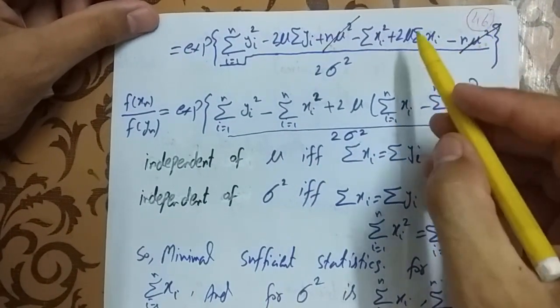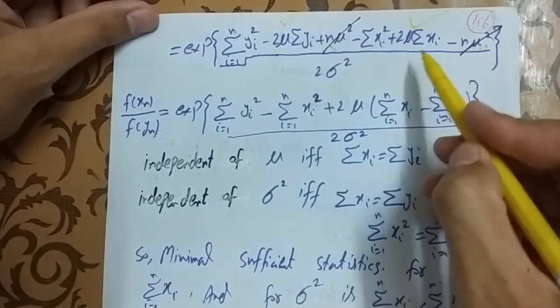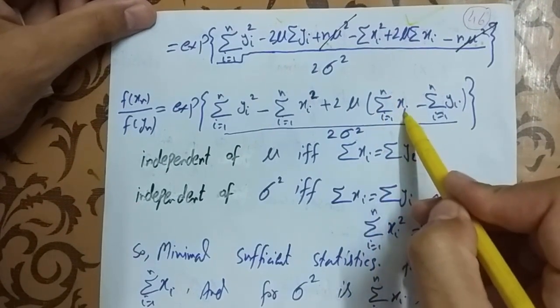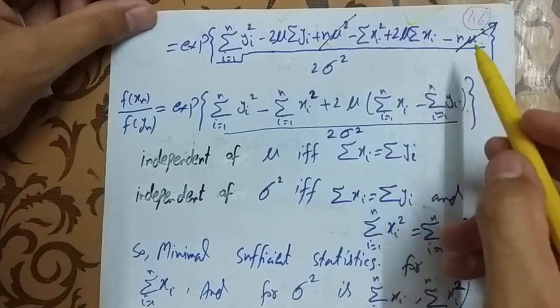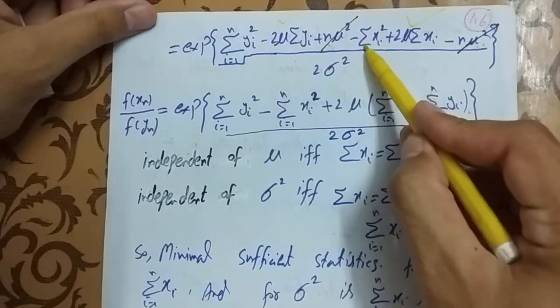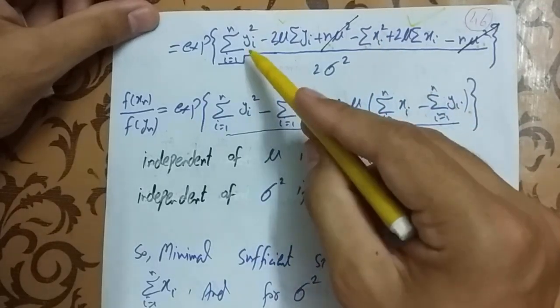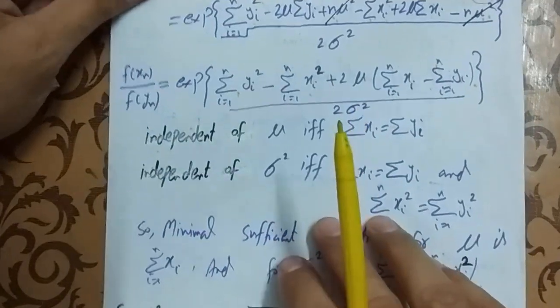We take 2 mu common, which leaves the sum over i from 1 to n of xi minus the sum of yi, and the remaining two factors are minus the sum of xi squared as it is and the sum of yi squared as it is.